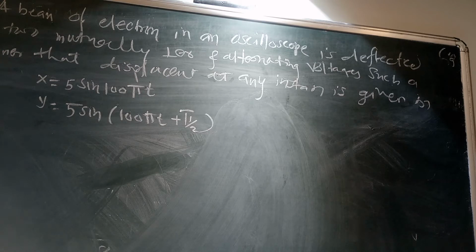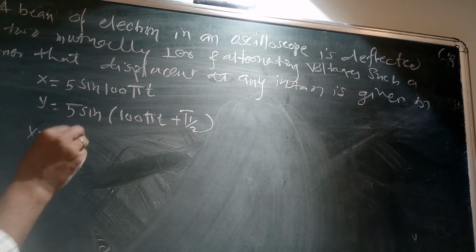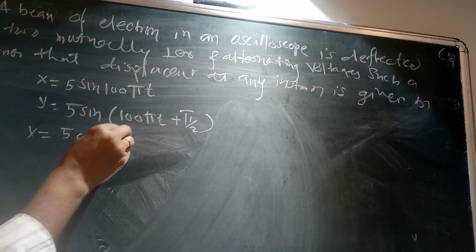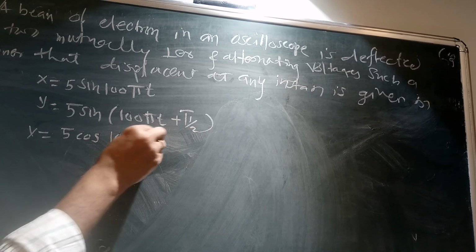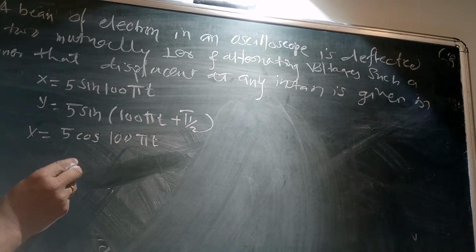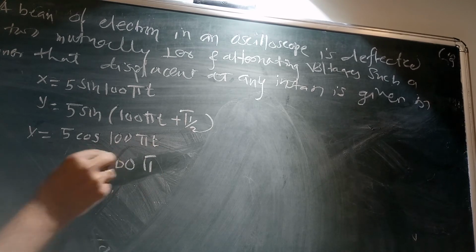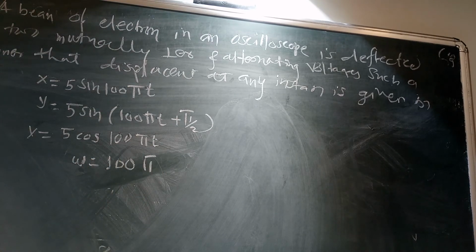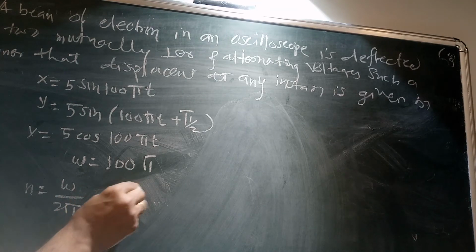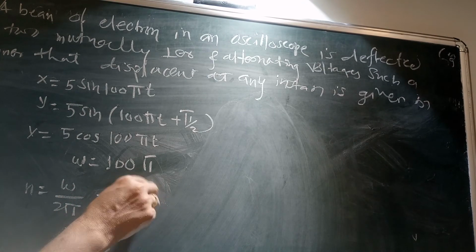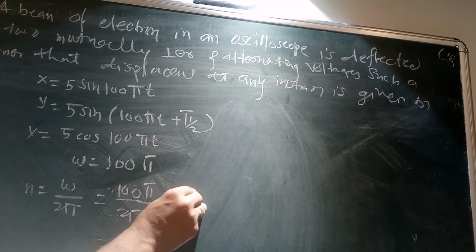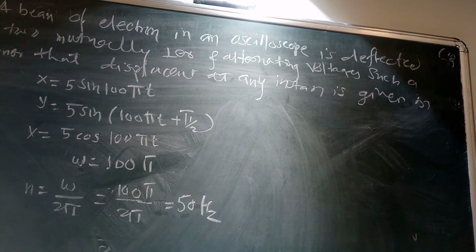Now the equation is y is equal to 5 cos of 100 pi t. Here omega is 100 pi, and therefore frequency n is equal to omega upon twice pi, that is 100 pi upon twice pi, which is equal to 50 hertz.